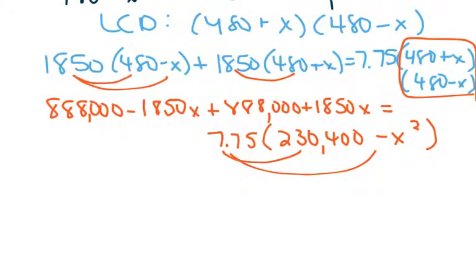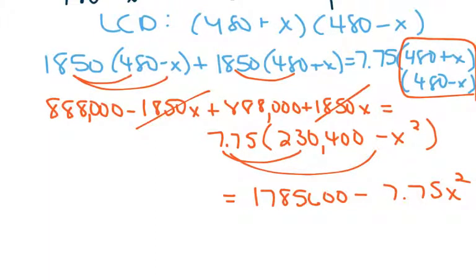And 230,400 times 7.75 looks like it is 1,785,600 minus 7.75x squared. On the left-hand side of the equation, notice that those are opposites and they cancel, but 888,000 plus itself is going to be 1,776,000.